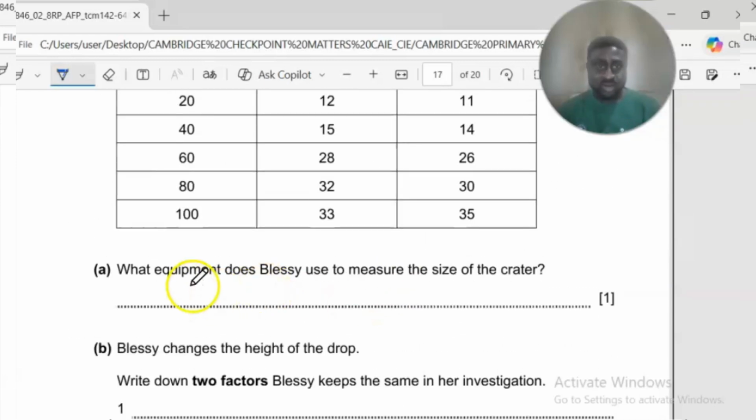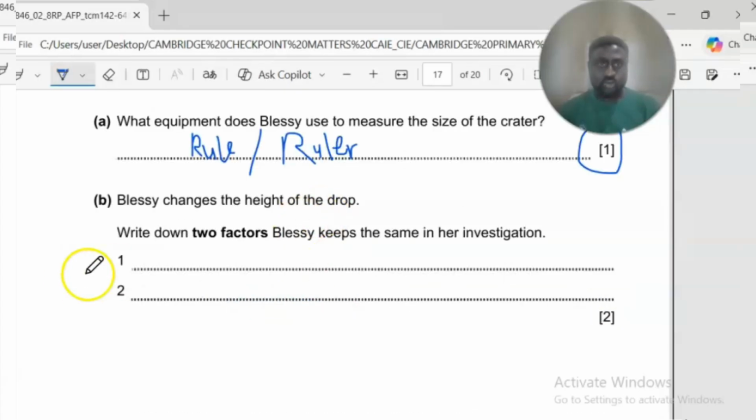So you come here and write a rule, or you can say ruler. And when you do that, you earn your 1 mark. Another response could be the use of a measuring tape, or you can say a tape measure, and so on. It also goes for that.